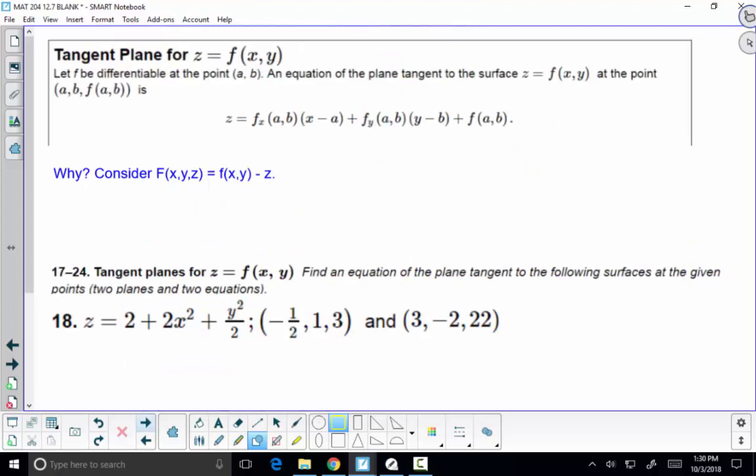Okay, now here, we now know a way to find the tangent plane if we're given a surface implicitly. If we are given the surface explicitly, we can just pretend it's given to us implicitly and do what we just did and not worry about it.